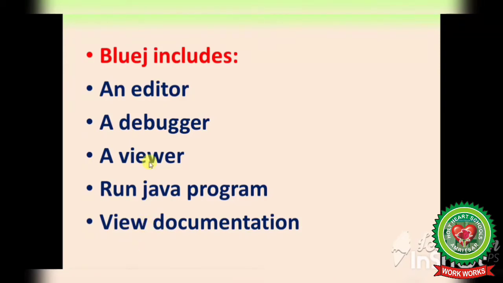Bluej is a Java development environment that is being developed and maintained by a joint research group at Deccan University, Melbourne, Australia, and the University of Kent in Canterbury, UK, explicitly as an environment for teaching introductory object-oriented programming.